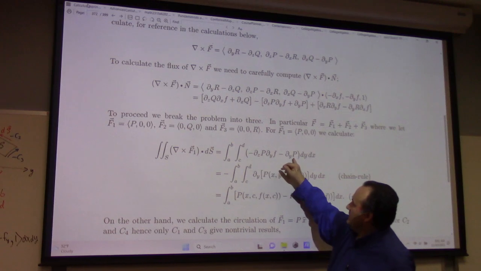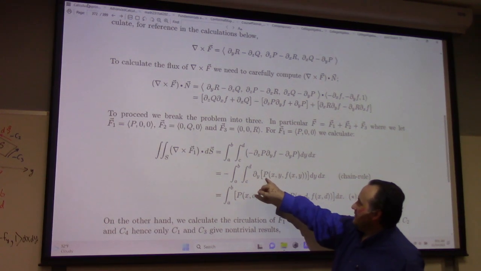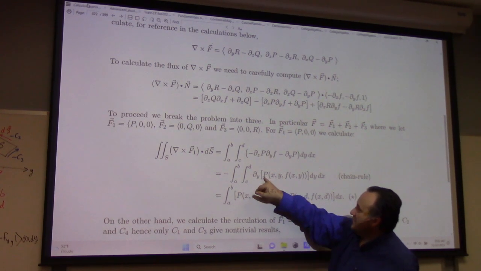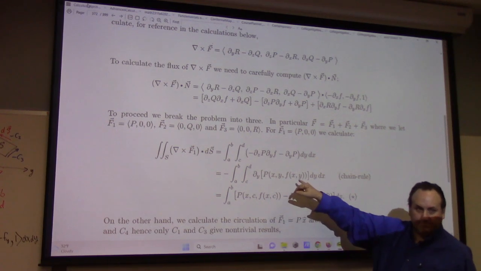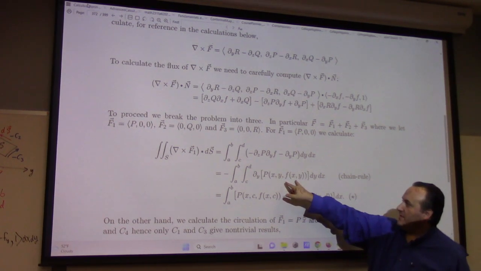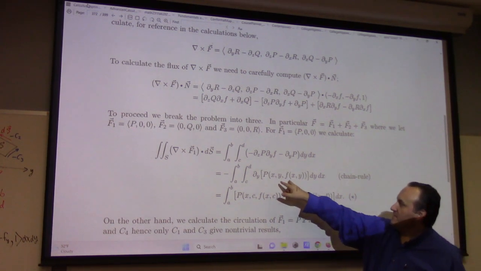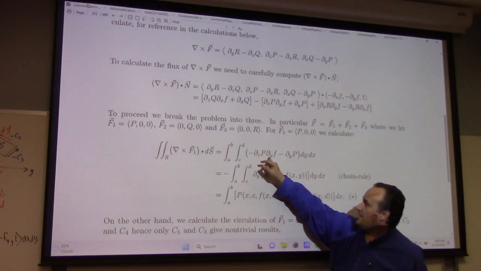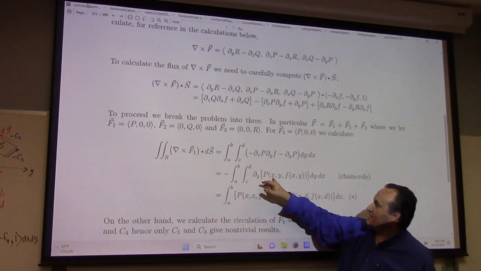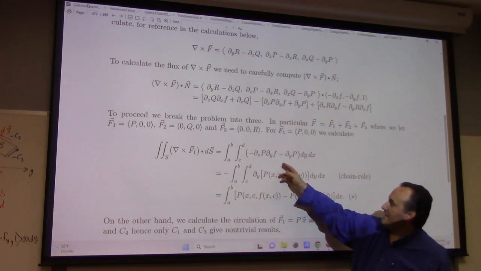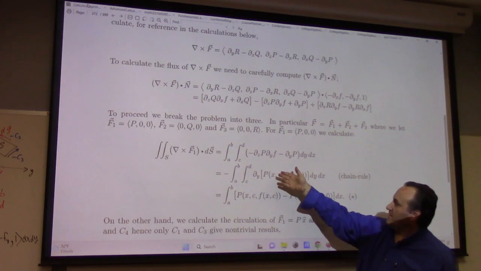See, this is nothing more than the y derivative of the composition of the vector component P with the parameterization. See, because when we take the y derivative, we get partial P partial x times partial x partial y, which is 0. That's not even here. That's great, because it's not there.